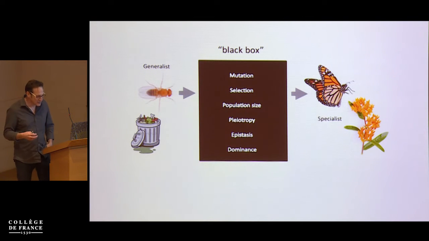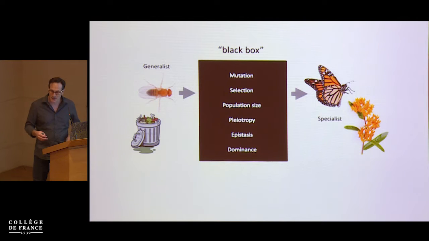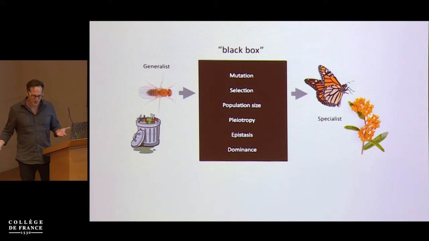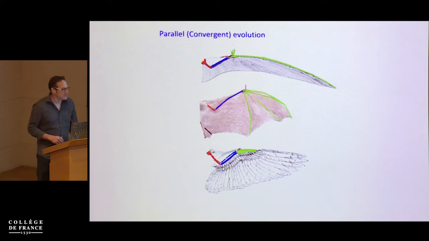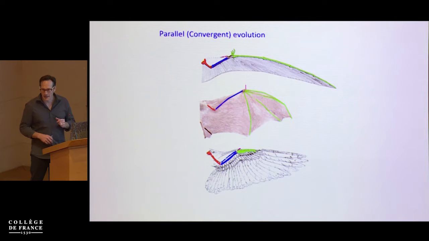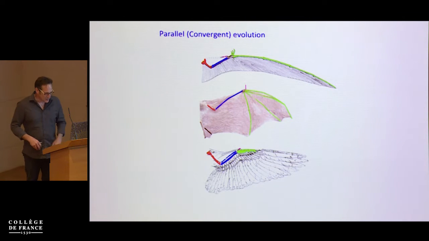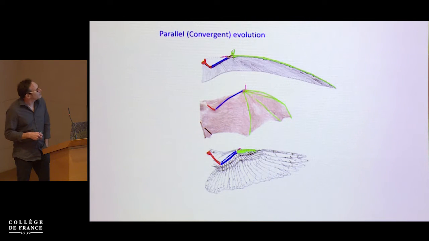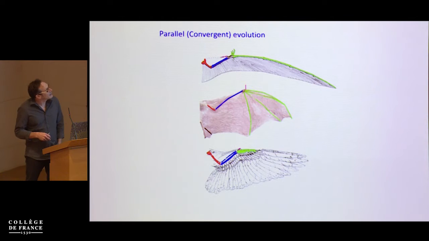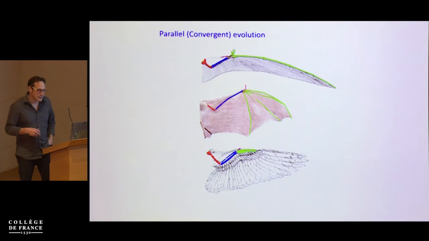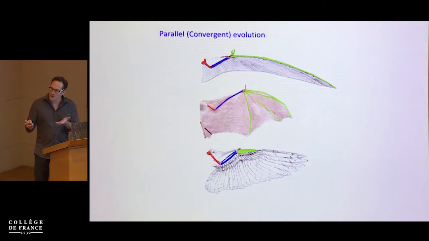Answers to these questions are difficult to address because the evolutionary process has only occurred once for most traits. The exception is when it hasn't. This shows an example of parallel or convergent evolution, the independent evolution of exactly the same trait in independent lineages.